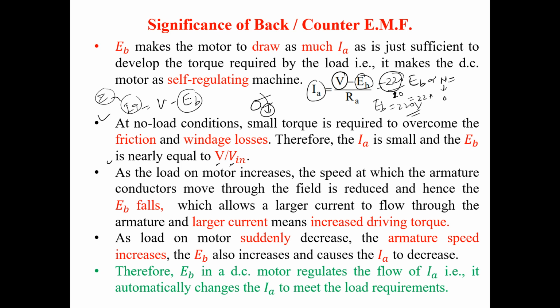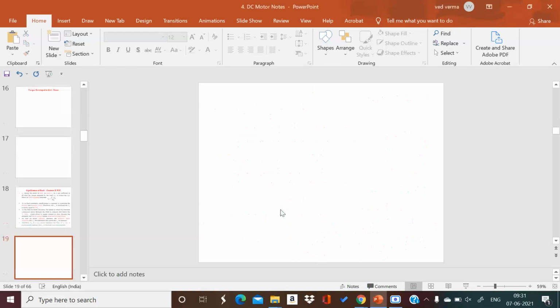That means, in a nutshell or a single line, EB in a DC motor regulates the flow of IA according to the requirement of load on the shaft. How much load you have on the shaft, according to that the current requirement can be regulated by our back EMF. That can be regulated by our back EMF.